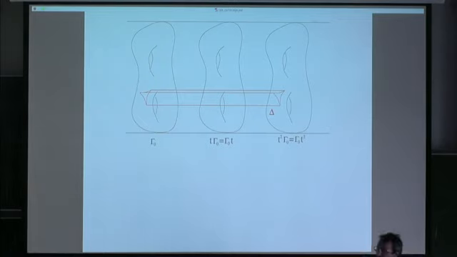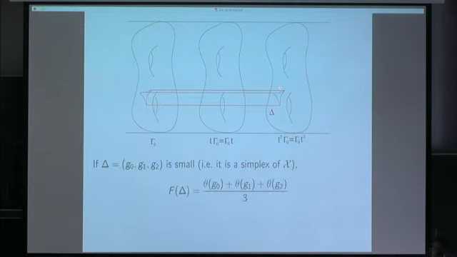But here is a subtle geometric point. The point is that if the triangle is small, so if it is a simplex in the Rips complex, then this is basically true. If the triangle is small, we can just assume that the prism is what we need. And so we just take the average.